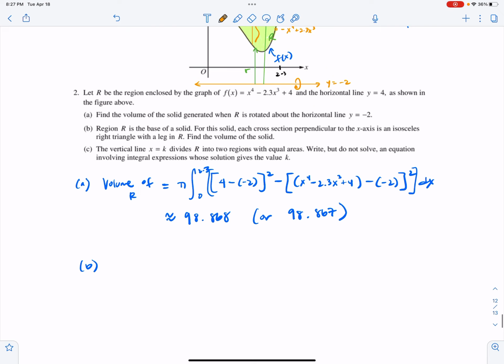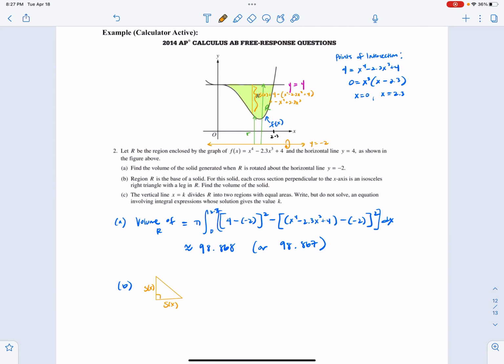Okay, so then thinking about those right triangles, which have a base of s of x, a height of s of x as well, because they are isosceles right triangles. So the area will be 1/2 base times height.